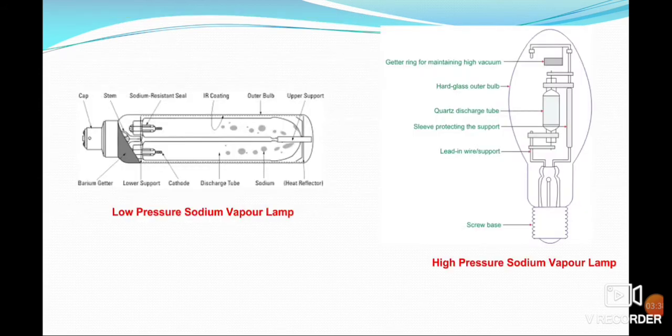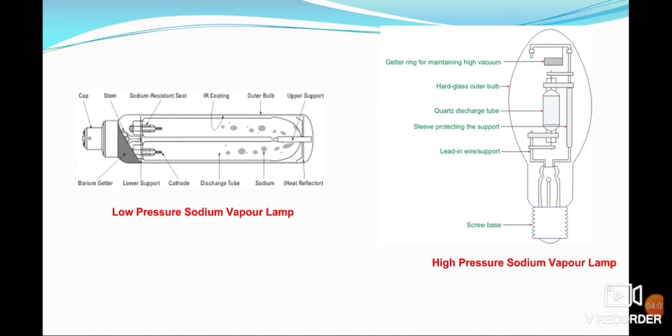So here we have two diagrams. The left one is the low pressure sodium vapor lamp and the right one is showing the high pressure sodium vapor lamp. The low pressure sodium vapor lamp has a cap, a barium getter, a stem, a low support sodium resistant seal, a cathode IR coating, outer bulb, upper support, discharge tube, sodium and a heat reflector.